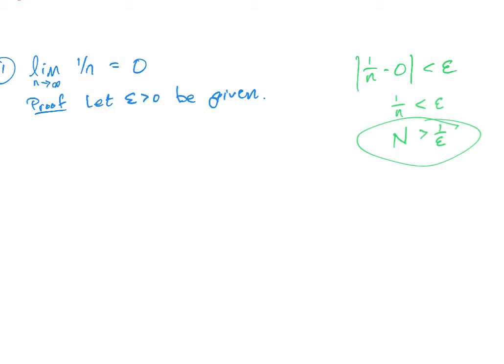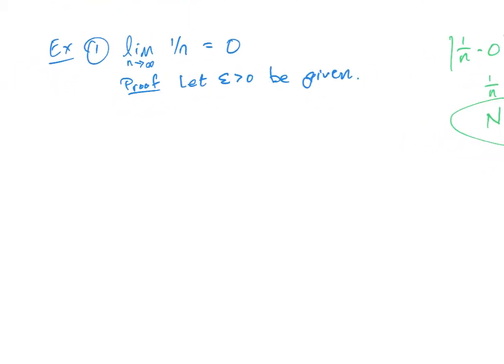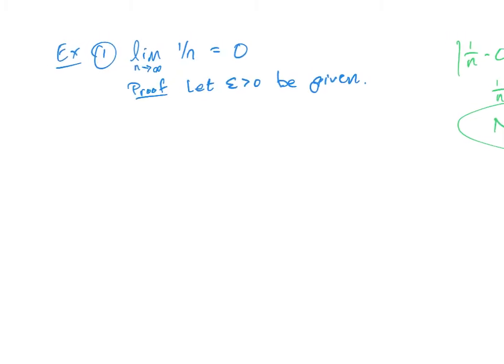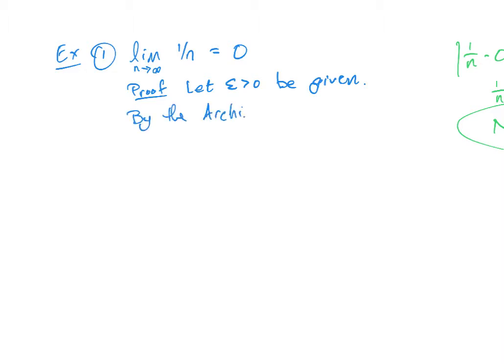Don't we have a theorem that says that? I don't remember which one it is. It's the Archimedean property. This is one of the few uses where we actually say it, because usually when we use it, we just don't bother saying it.